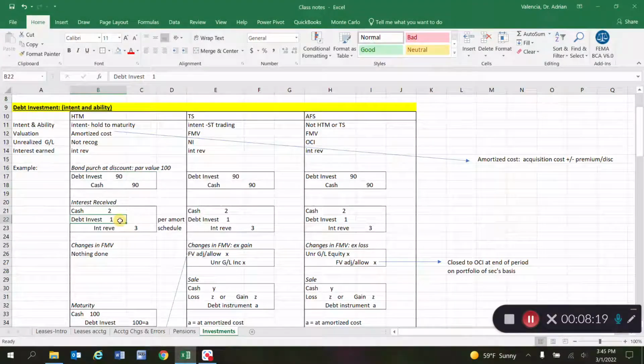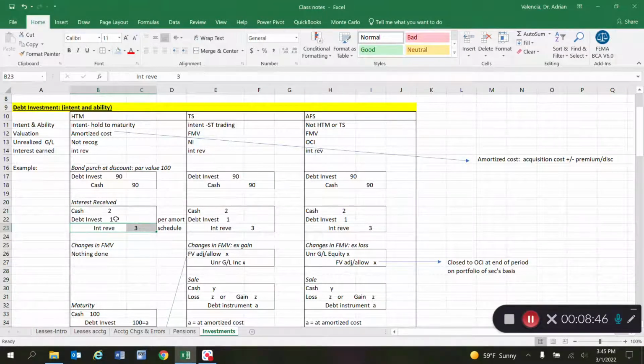All right, so then periodically you're going to receive interest from this particular investment just because you are the bondholder. So we will recognize that interest revenue earned just like you've always done. And the cash amount is whatever you received, and then the amortization amount goes directly to the debt investment.